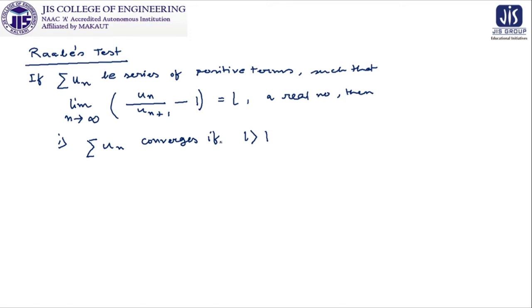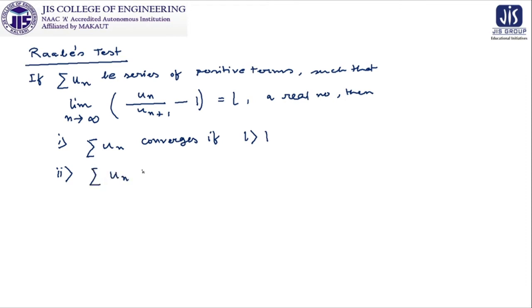I just want to emphasize one part: for various tests, sometimes the condition on L gives convergence, and sometimes for different tests the same condition gives you divergence. So be cautious about these things, and if possible make a tabular form so that there will be no confusion.